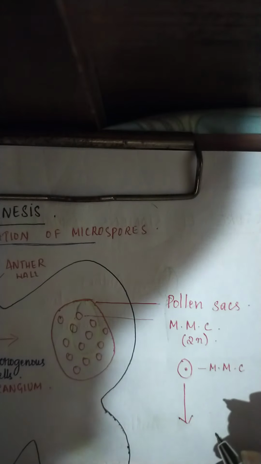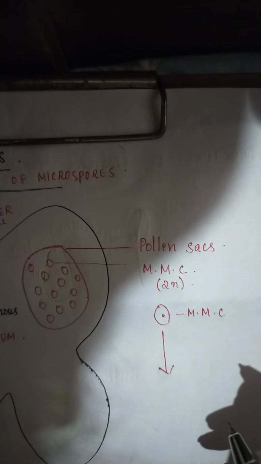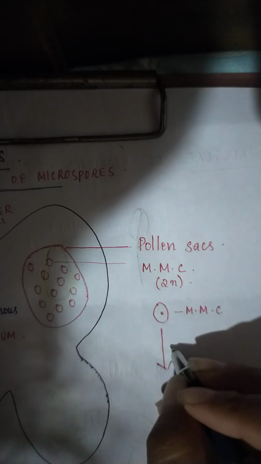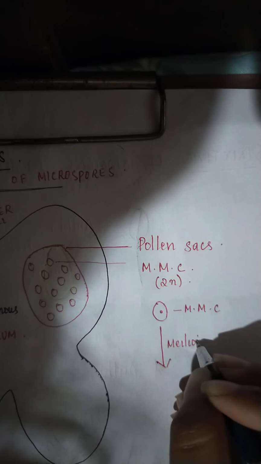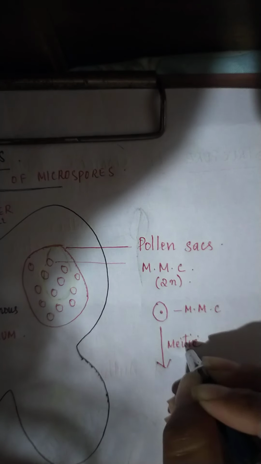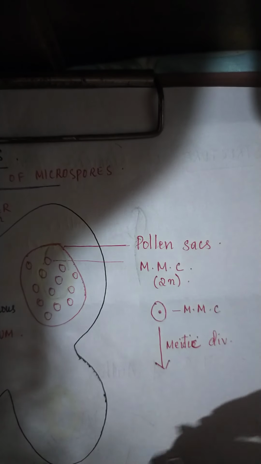It will divide and give rise to 4 cells when it undergoes meiotic division.